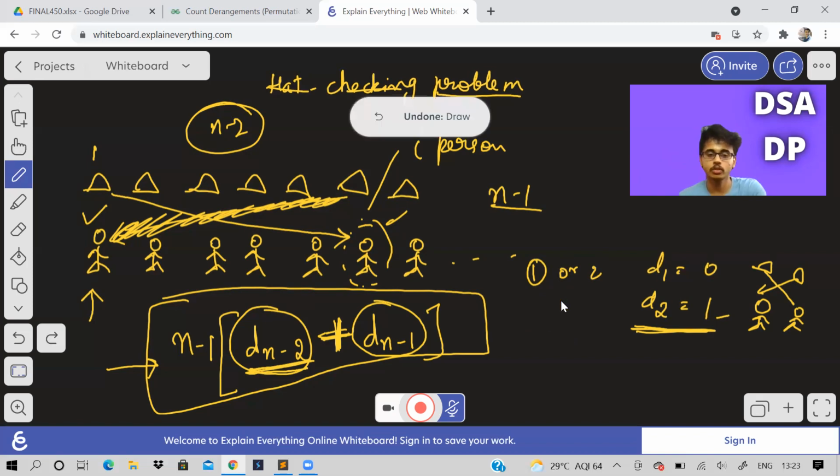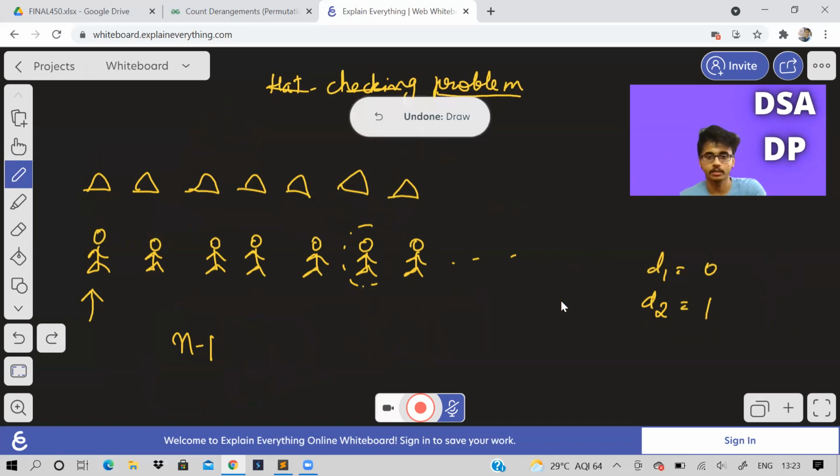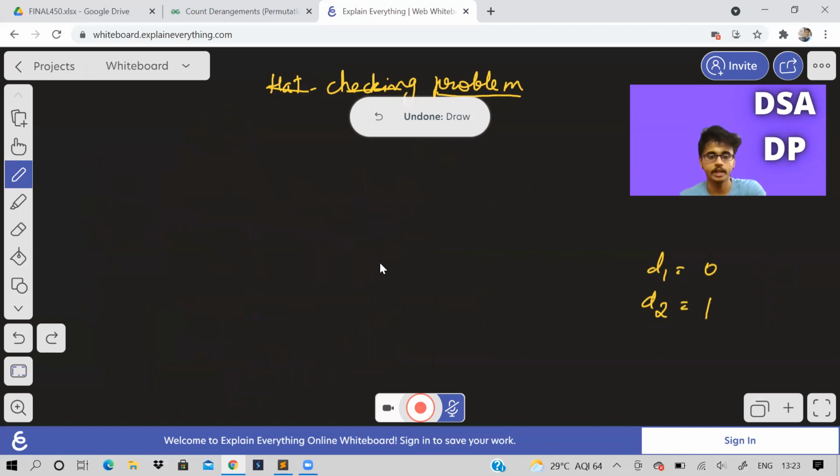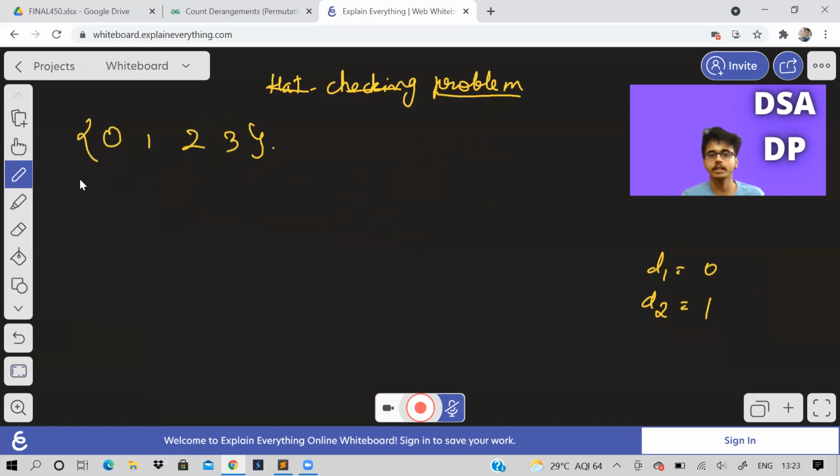So let me show this again with an example. 0, 1, 2, 3 is our given array. Now let us say for the 0th person, how many ways are there to give him a number? n minus 1.